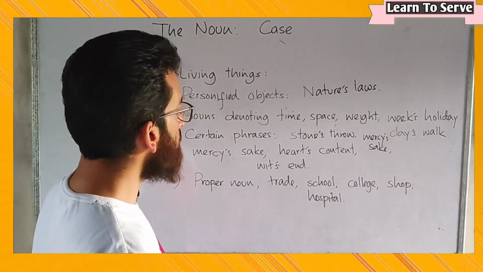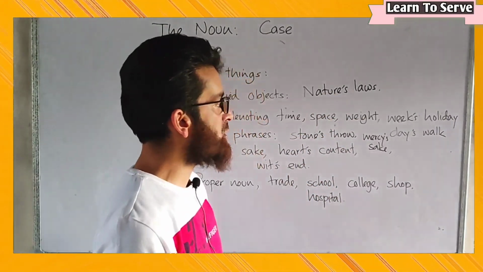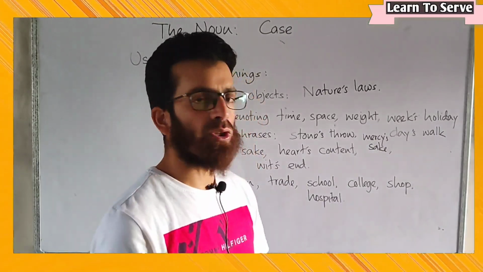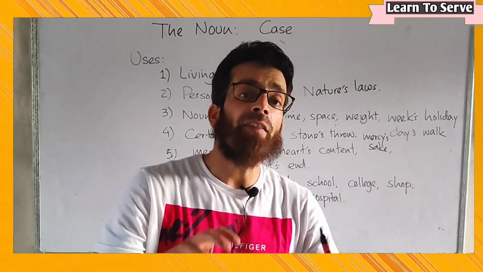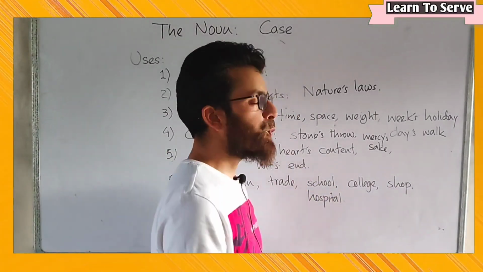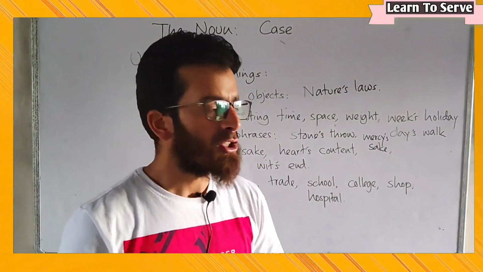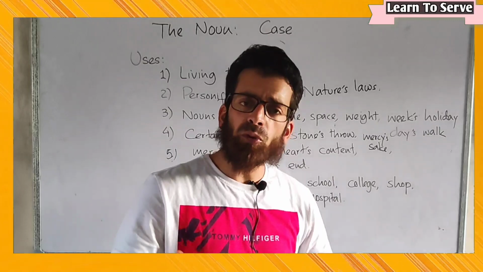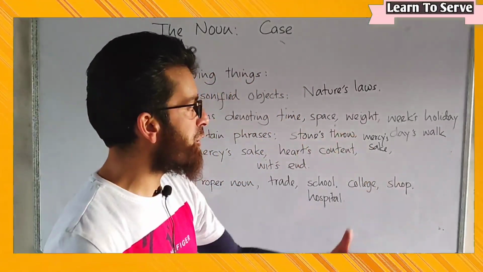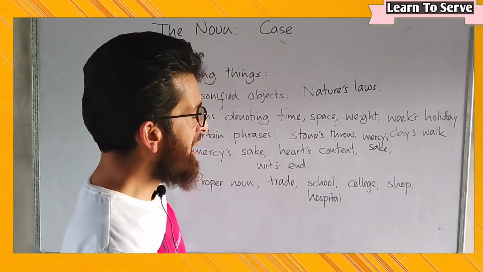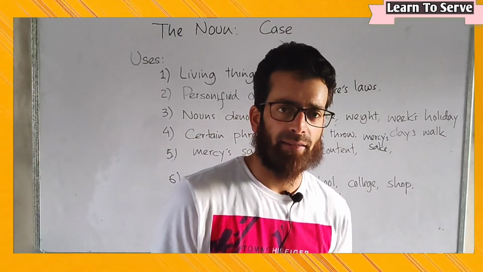Third point, nouns denoting time, space, weight, etc., you can use apostrophe s. Certain nouns that denote space, weight, time, or length, sometimes you can use apostrophe s. For example, I can say a week's holiday.